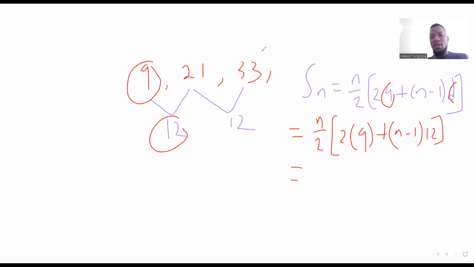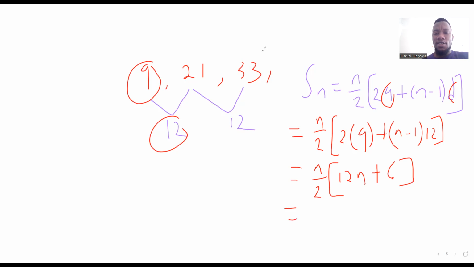If we simplify that, it's n over 2 times (18, 2 times 9, plus 12n minus 12). Then 18 minus 12 is 6, so you have n over 2 times (12n plus 6).